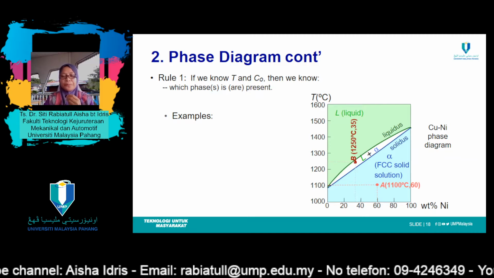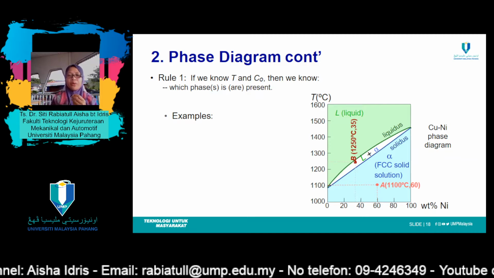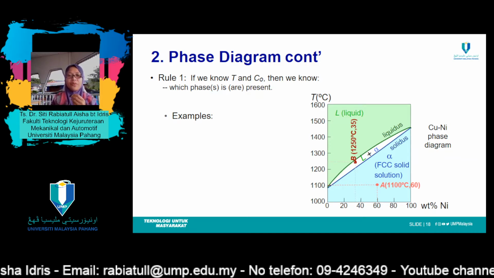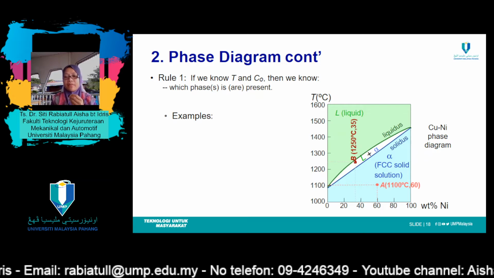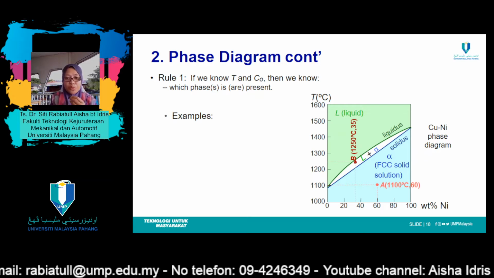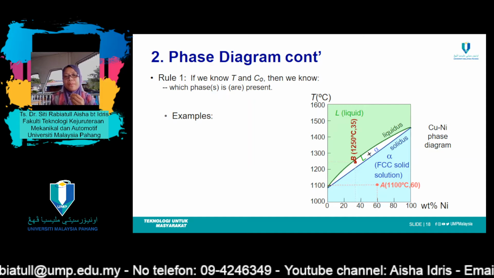Okay, for the phase diagram, rule number one is that if we know the temperature and C naught, then we should know the phases present.